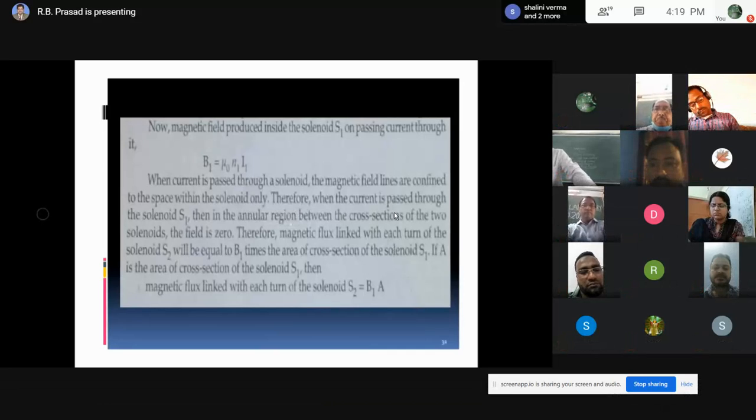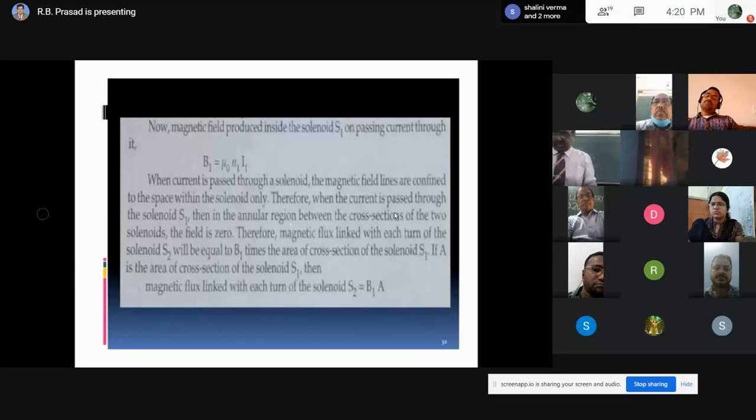To calculate the flux, we first have to calculate the magnetic field intensity, the magnetic induction produced in the primary due to the changing current I1 in the primary. That will be given, in the solenoid, by B equals mu naught N i.